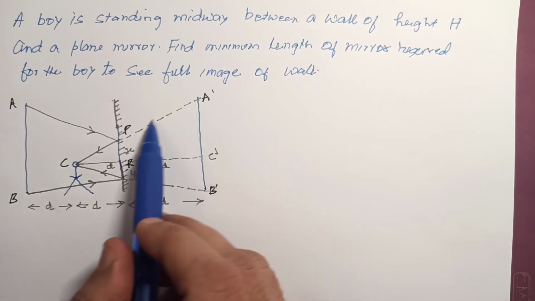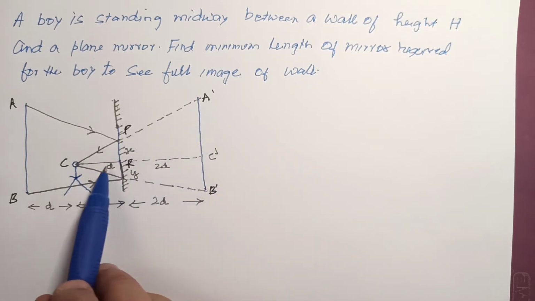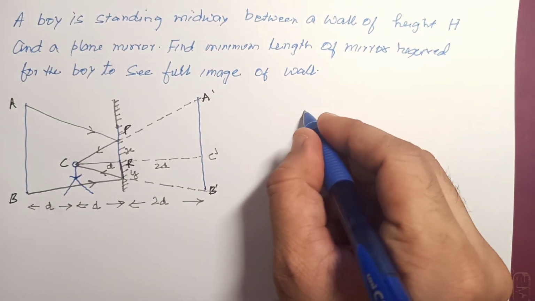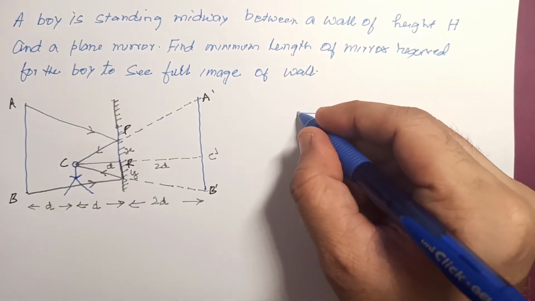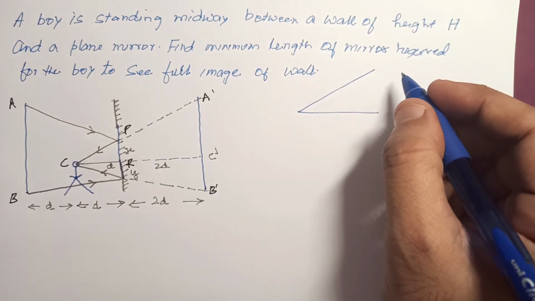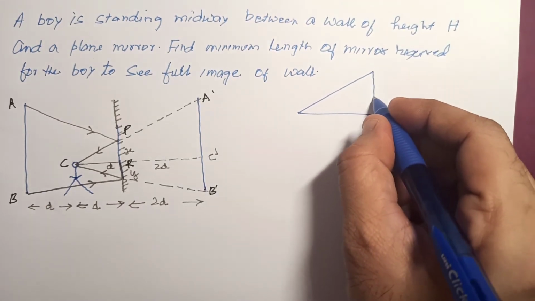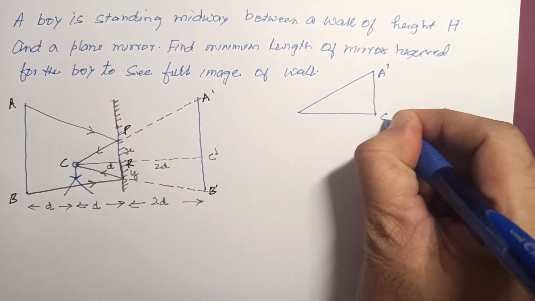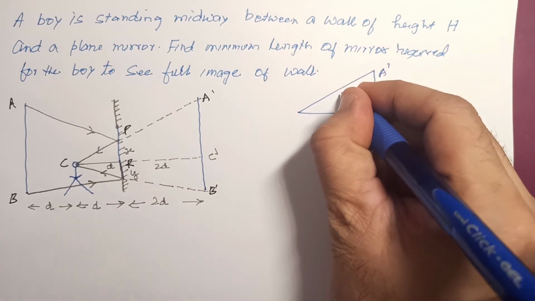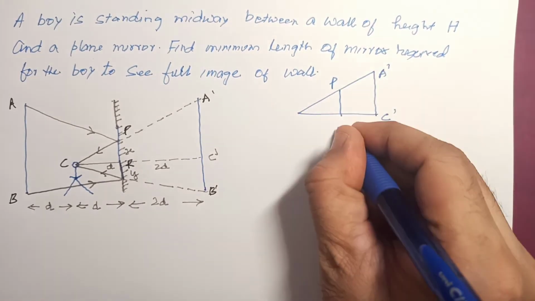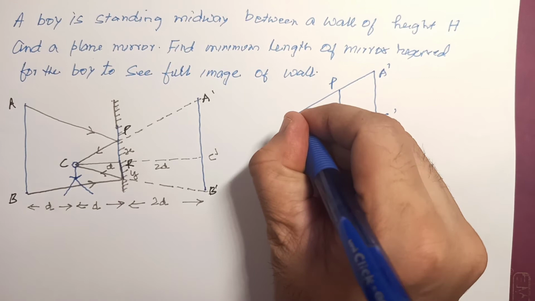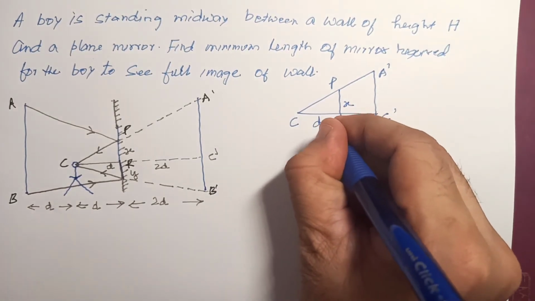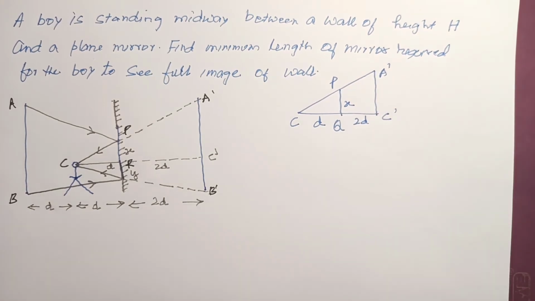Now it is very simple if you can draw the figure. First take this triangle and second take this triangle. Taking this triangle, this is A dash, C dash, this is P, Q, C, X, correct? This is D and this is 2D.